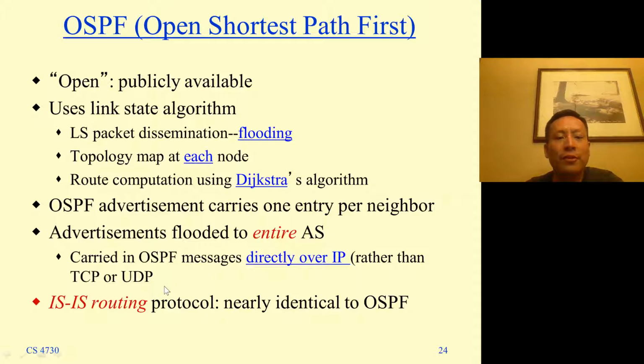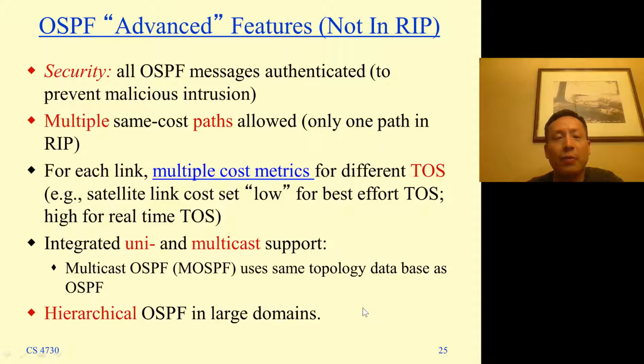So there's also another shortest path protocol, which is IS-IS routing. It is very similar to OSPF, so we will not mention that. And OSPF actually is more advanced, and it provides more features compared with RIP. RIP is very simple, right? As I mentioned, the cost is simply decided by the hops.